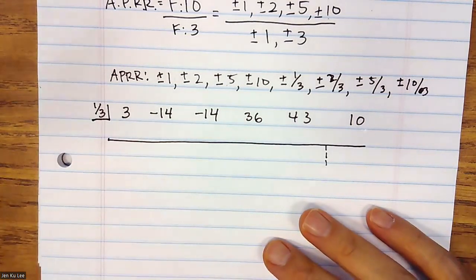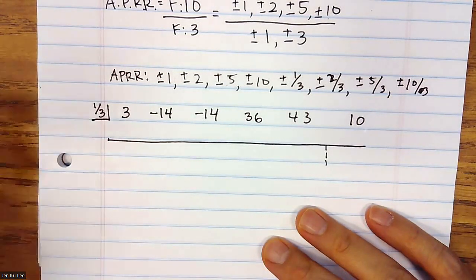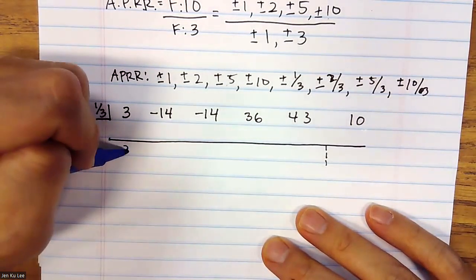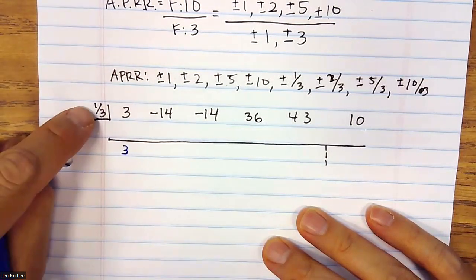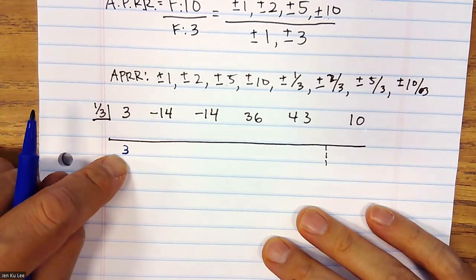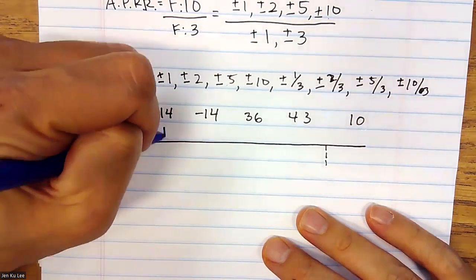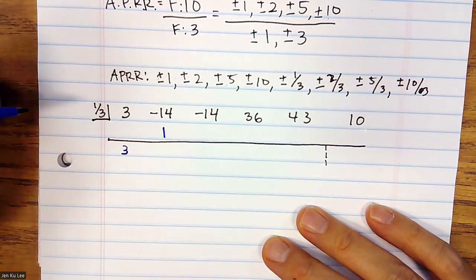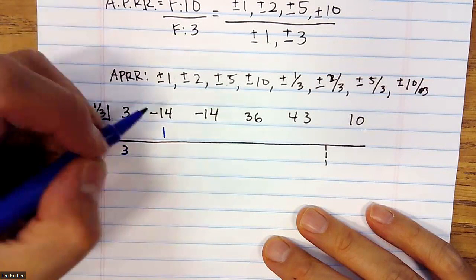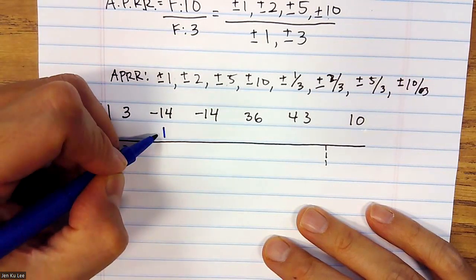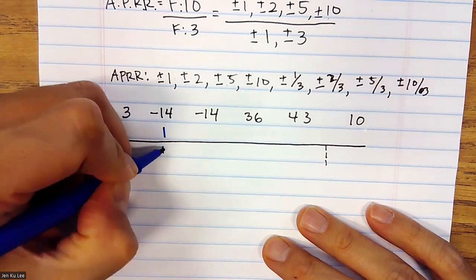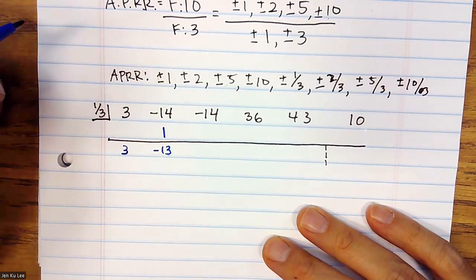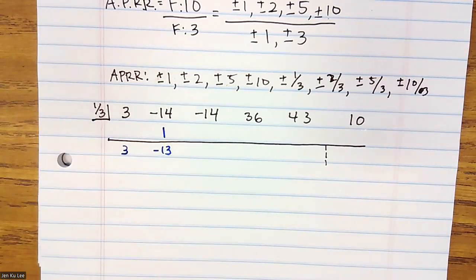Okay. So when I put 1/3 in there, 3 drops down. 1/3 times 3 is, just cancel out the denominators, 1. Negative 14 plus 1 is negative 13, right? I'm just going to stop right there.